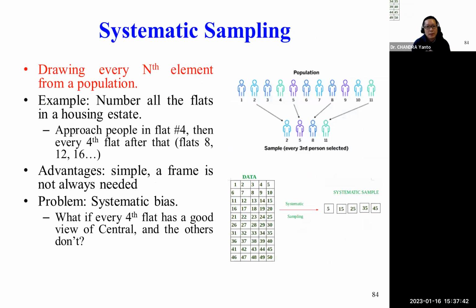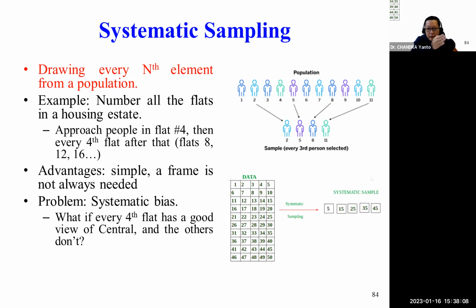Systematic sampling. Systematic sampling means you use a very systematic way so that everyone can be selected using certain steps. For example, you have 11 people in your population, you only pick every third person, right? That's it.